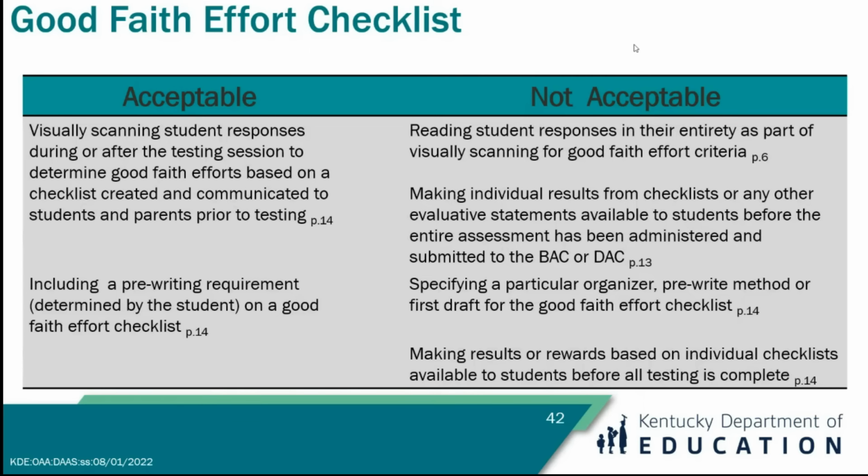The district or school can decide how to share the good faith effort checklist results based on completed testing. Results may be shared for a grade level at a school when all testing is completed for the grade level. A school could decide to share the checklist results only after all testing for the entire school is completed, or a district may give directions on how results can be shared.